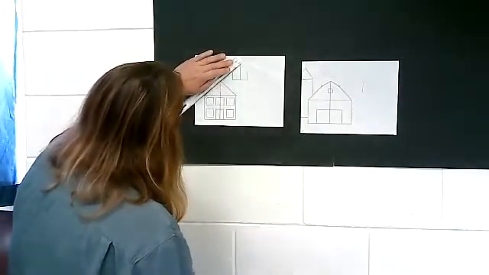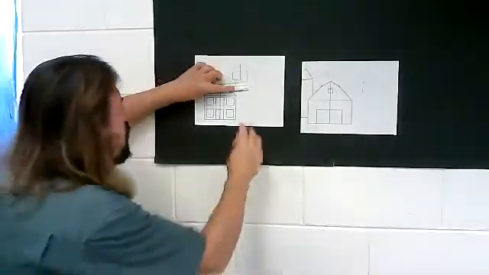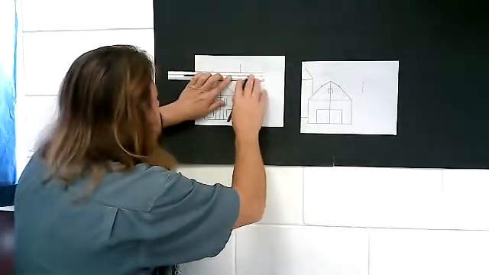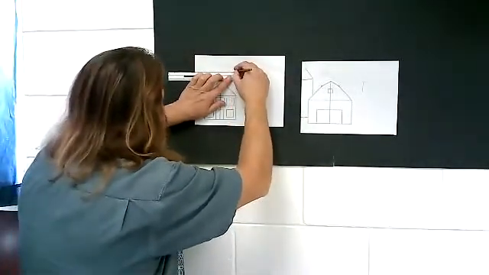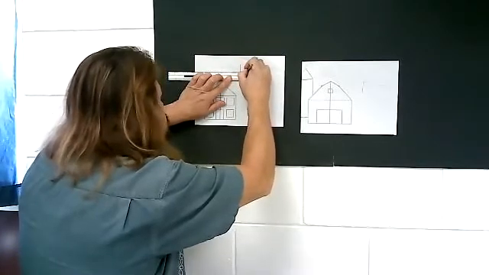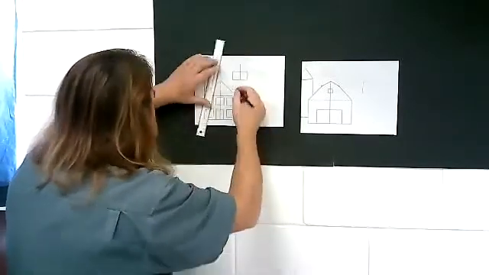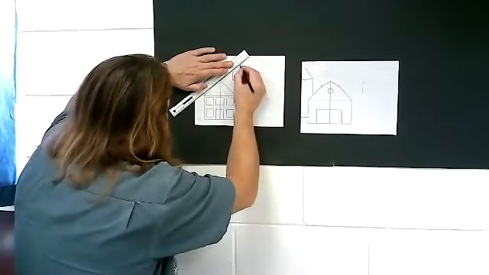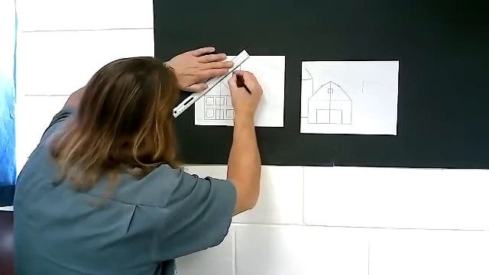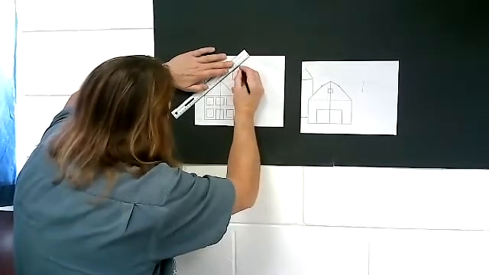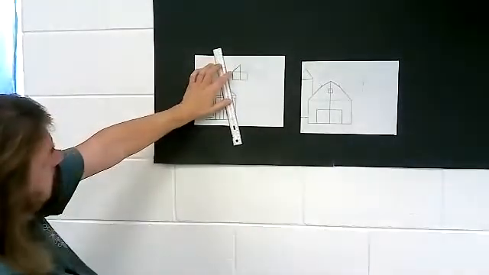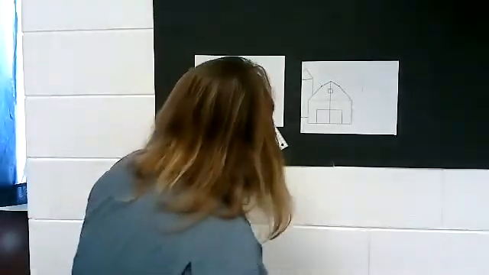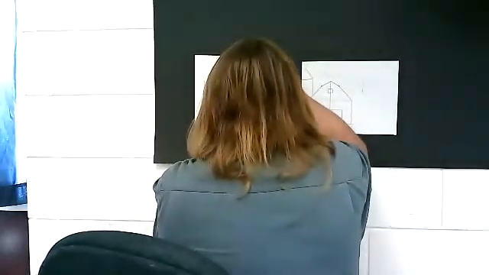Make my roof by connecting the walls together. Then the top with the side, the top of the roof with where the edge of the wall is here. And the same thing over here on this side.